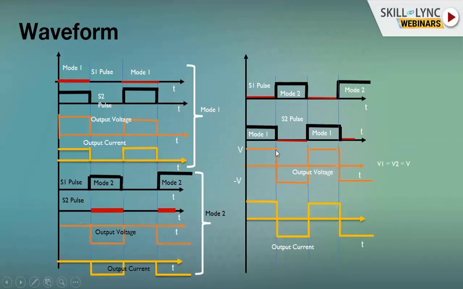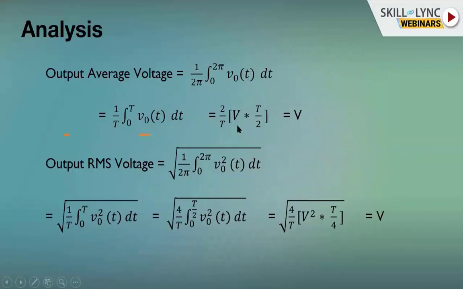So the area under this particular curve is the area of a rectangle, which is length into breadth. The breadth is going to be T by 2, which is nothing but the total time period divided by 2. And the length is going to be V. So the product of that will be V into T by 2. So the area of the curve is nothing but V into T by 2.